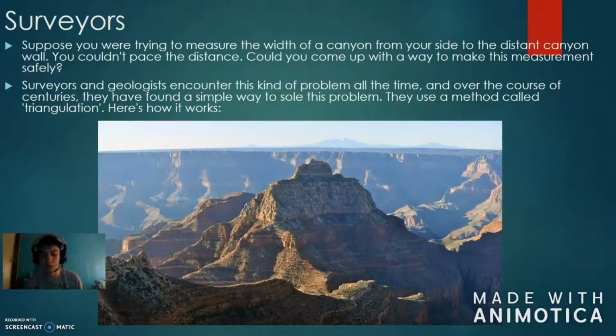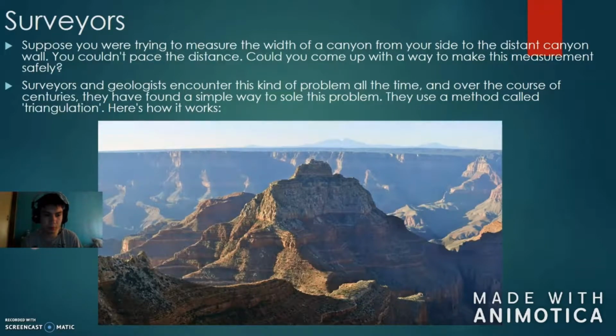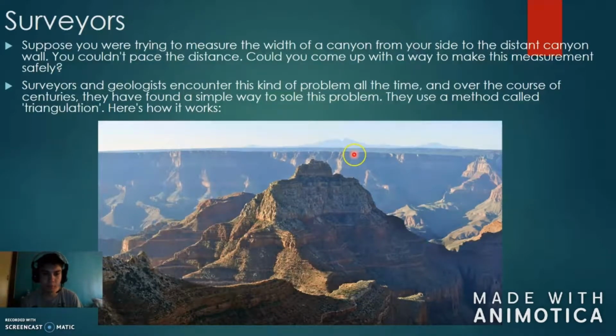Let's say you are here and you want to measure the distance to that mountain over there. So how can you measure when there is a canyon wall in front of you?